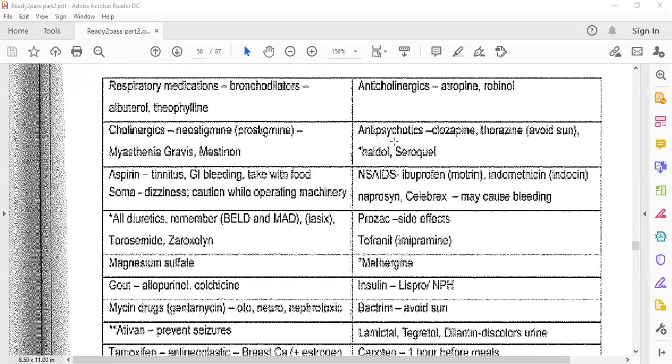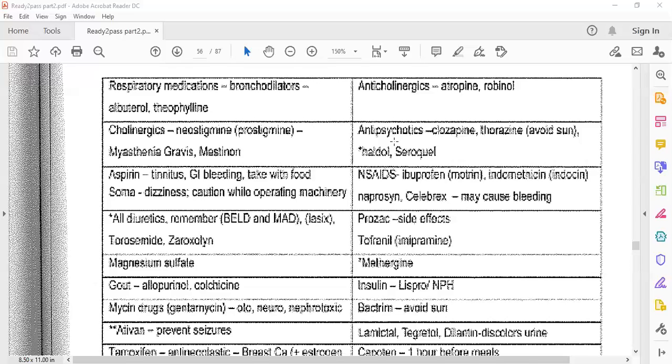So when we give this medication to the patient, we have to educate them about the side effects. Most antipsychotic medications have common side effects. An easy way to remember them is A, B, C, D. A is for altered vital signs.